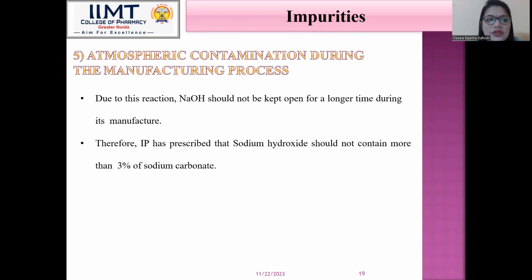Atmospheric contamination during the manufacturing process. Due to this reaction, sodium hydroxide should not be kept open for a longer time during its manufacture. Therefore, IP has prescribed that sodium hydroxide should not contain more than 3% of sodium carbonate.